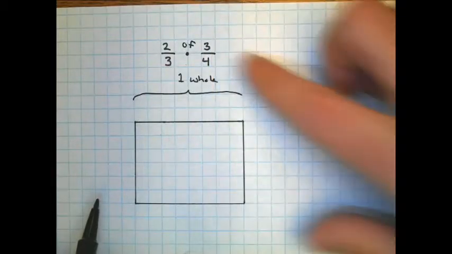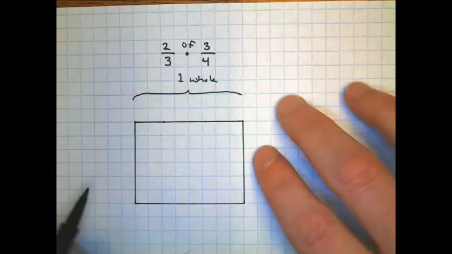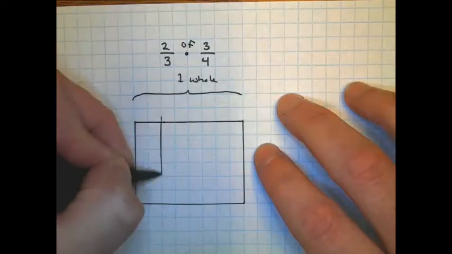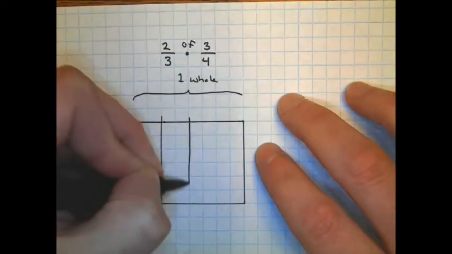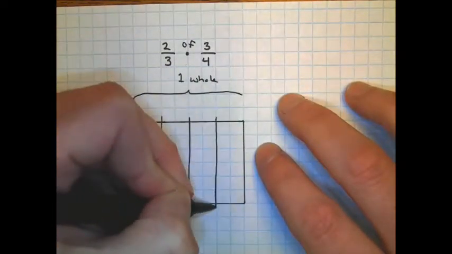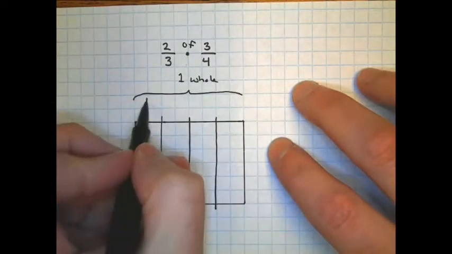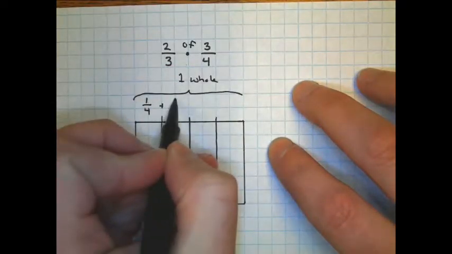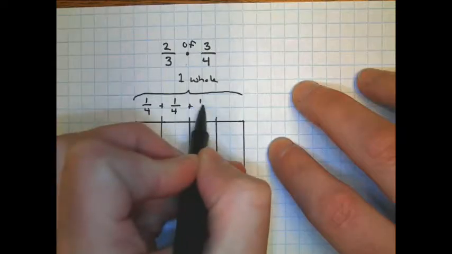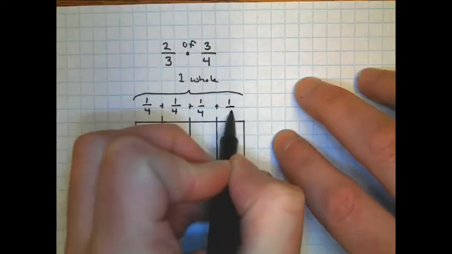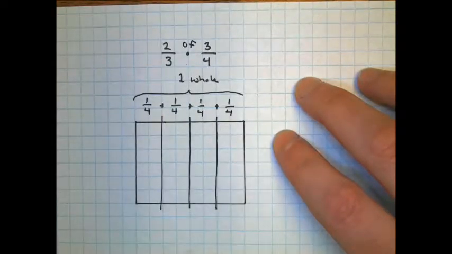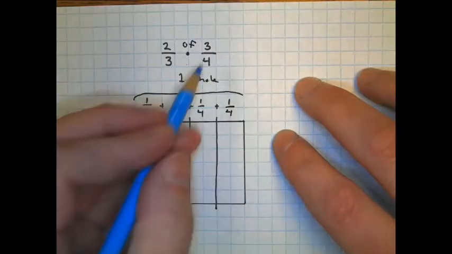This is my starting point. So I want to show fourths here. I'm going to break this rectangle vertically into fourths. There's a fourth, 2/4, 3/4, and 4/4. And I'm going to shade in 3/4 of that.